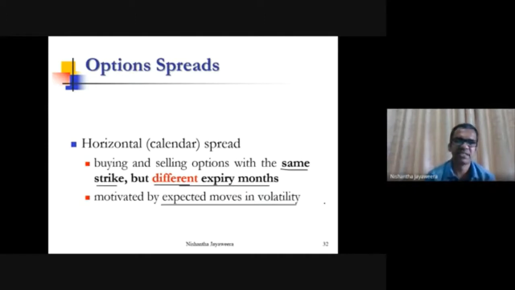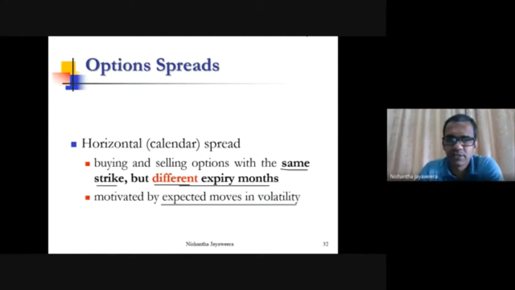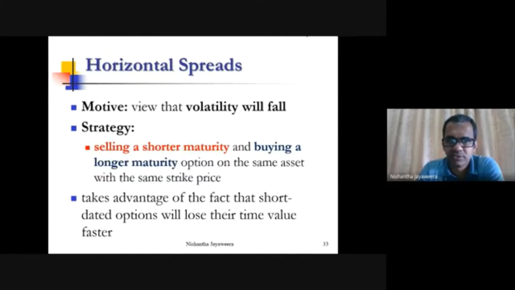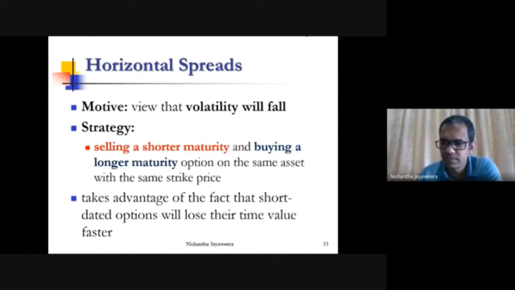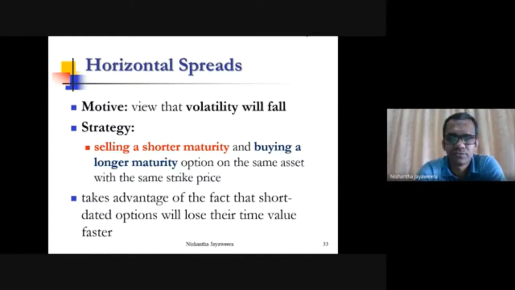When we expect changes in volatility, we do these horizontal or calendar spreads. So basically the motive is you assume that the volatility will go down.